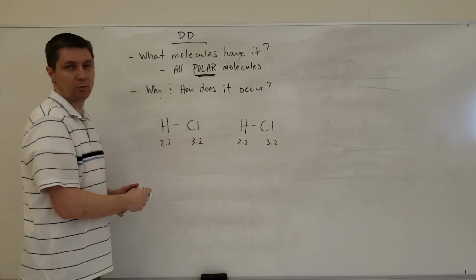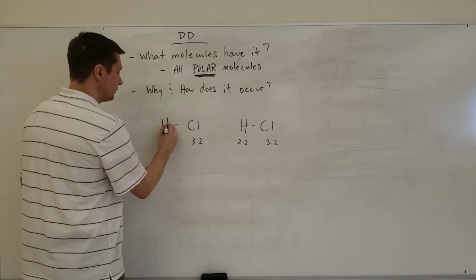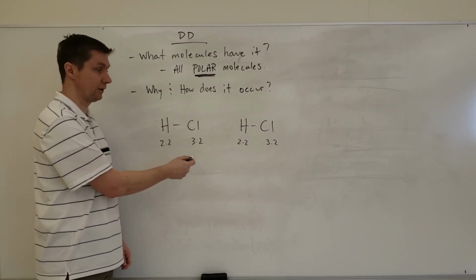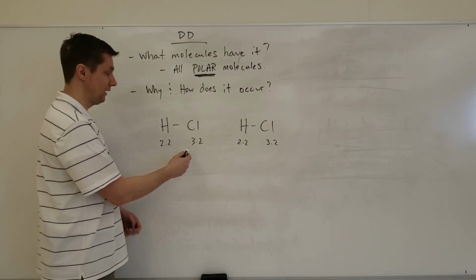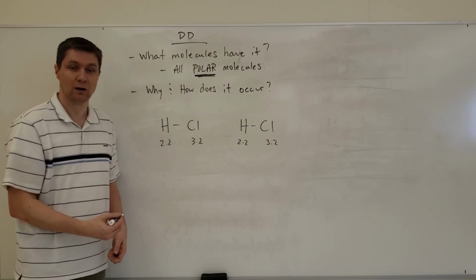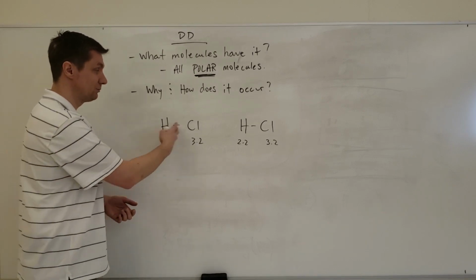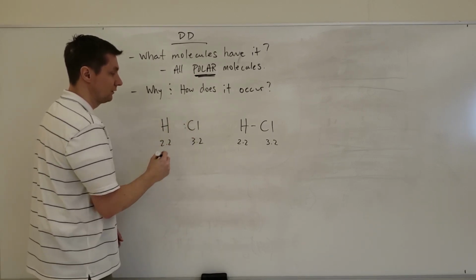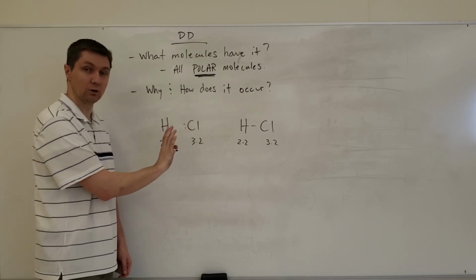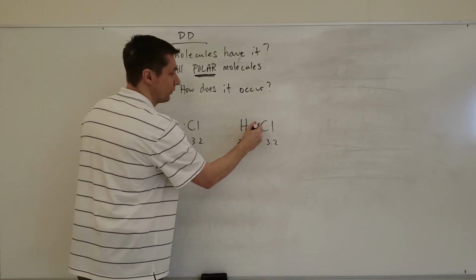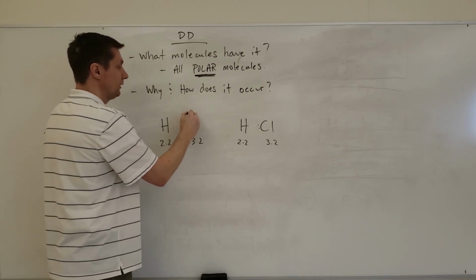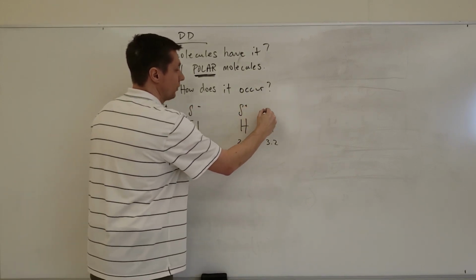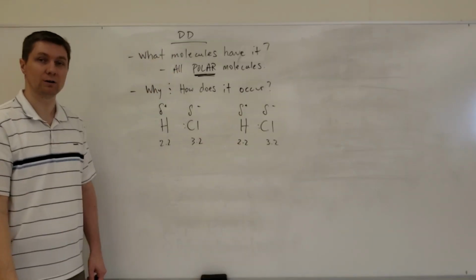And so I've got this example of hydrochloric acid here. Hydrochloric acid, we know the hydrogen has an electronegativity of 2.2 and chlorine of 3.2. And the difference between those two is greater than 0.4, which means these bonds are polar. So if I erase this stick and just draw in the electrons, we know that those electrons are being pulled closer to the chlorine and further away from the hydrogen, which inadvertently creates this partial negative and partial positive charge within each molecule.